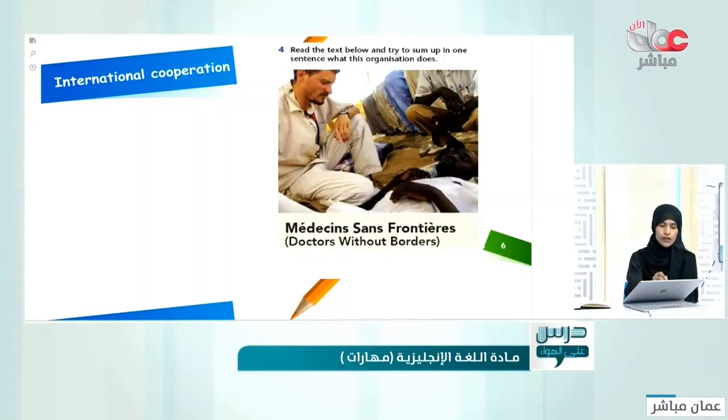The question here says you should read the text below and try to sum up in one sentence. So you should just write in one sentence what this organization does. So what does it do? Now, by looking at the picture, I see a sick person lying here, and from even the name of the organization, you'll know that the people who work in this organization are doctors.